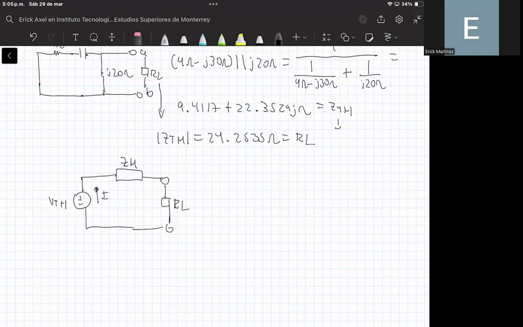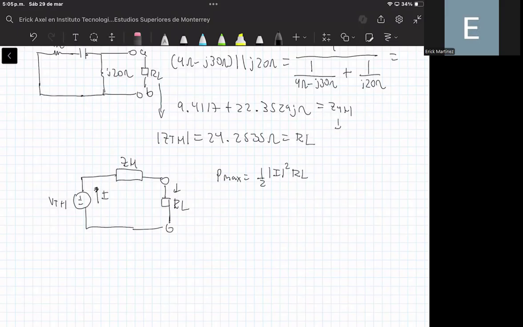The reason for that is that when you have only a purely resistive element in this part, you can use the following formula: 1/2 times the magnitude of the current that passes through this resistor squared times the value of RL.